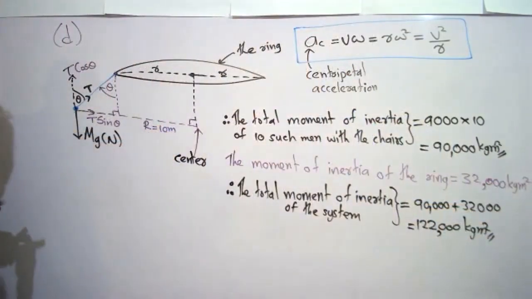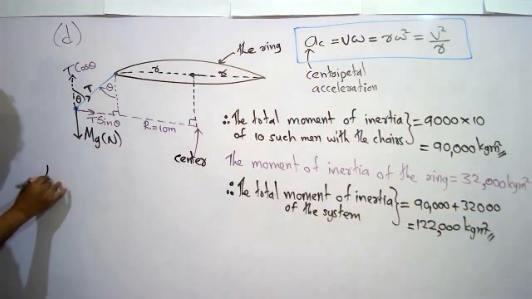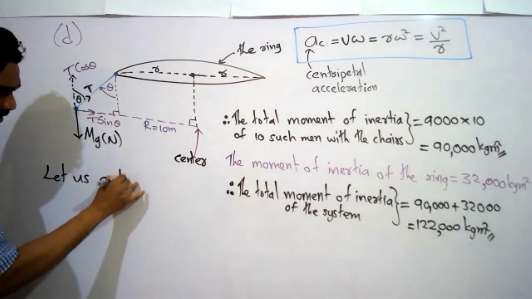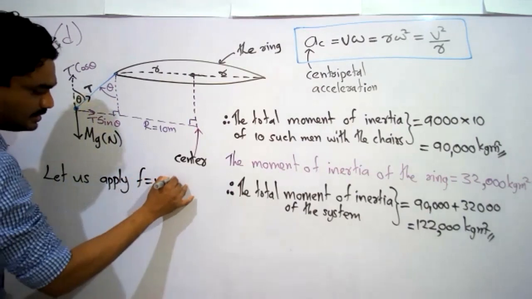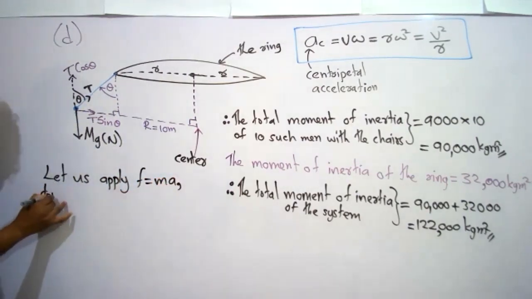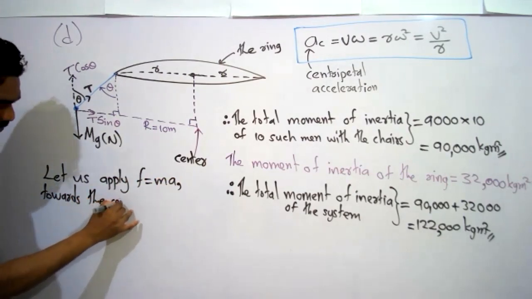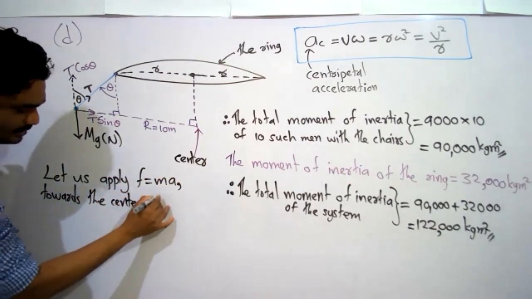So let me apply. Please write: let us apply F equals ma towards the center of the circular path.